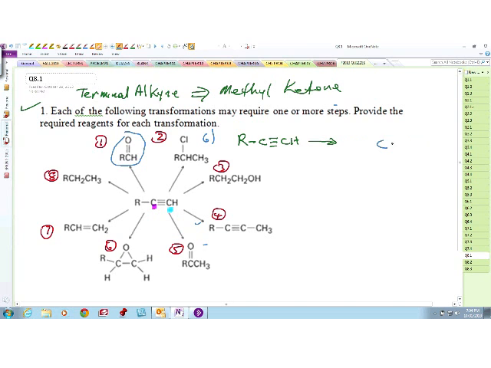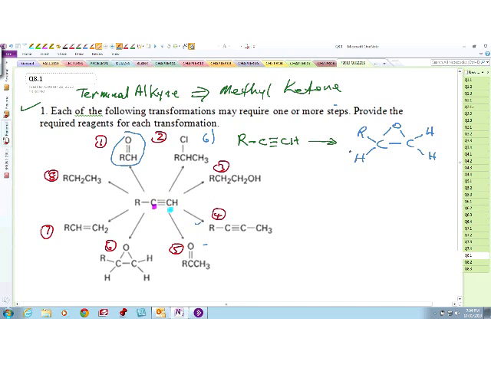Now they want us to go from this to an epoxide. Do we know a reagent that will take an alkyne to an epoxide? No, you don't. But do you know how to make an epoxide? How do we make an epoxide?